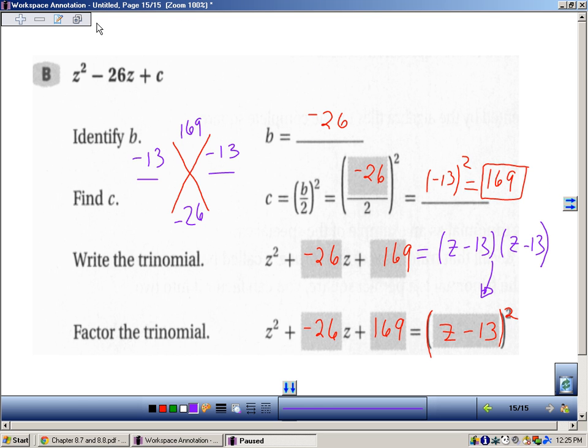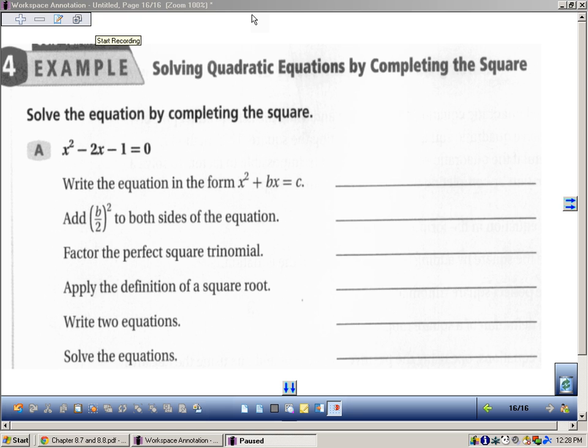Now let's use this technique of completing the square to solve an equation. Okay, so we're going to solve this quadratic. We're not going to factor the quadratic, and it's factorable. But we're going to set this up by using the technique called completing the square.